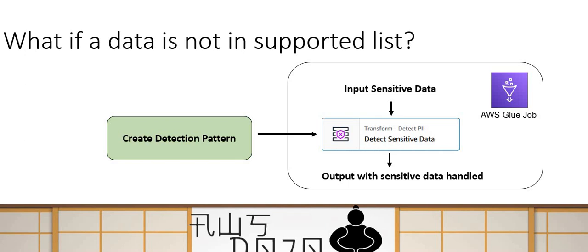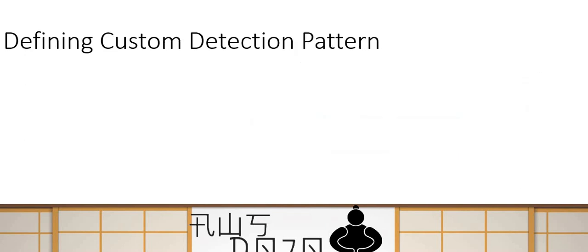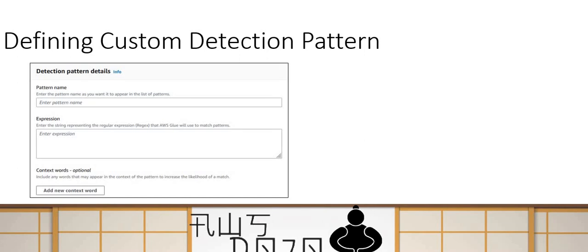How do you create this detection pattern? It's pretty straightforward, to be very honest. Very simple. You will have a screen like this where you can simply provide your pattern name and your expression. This expression is the way it identifies your sensitive data, and it is defined using a regular expression.